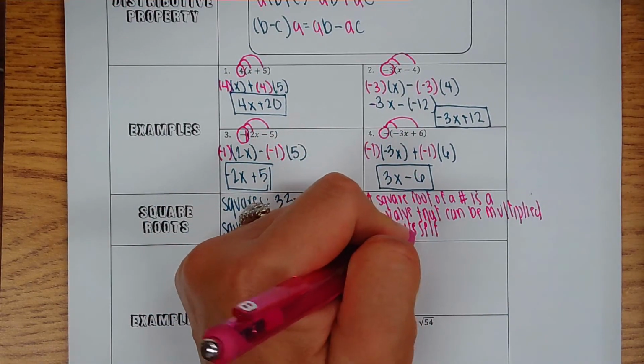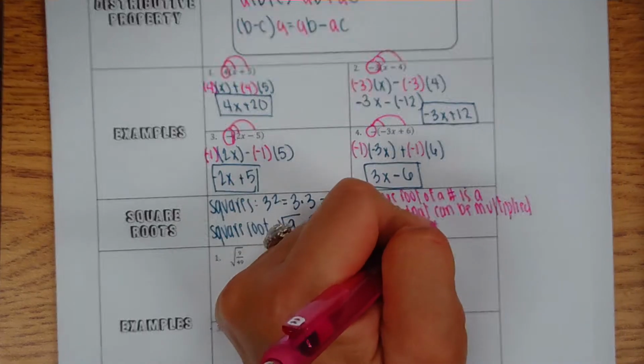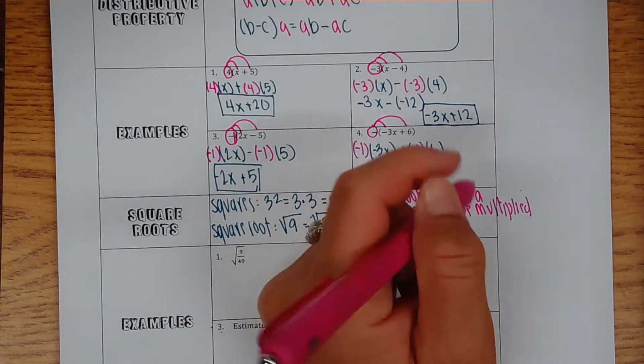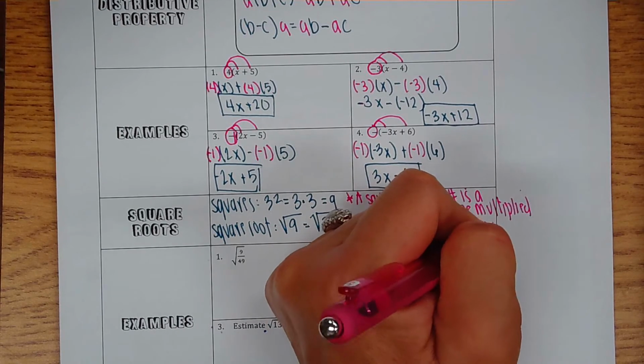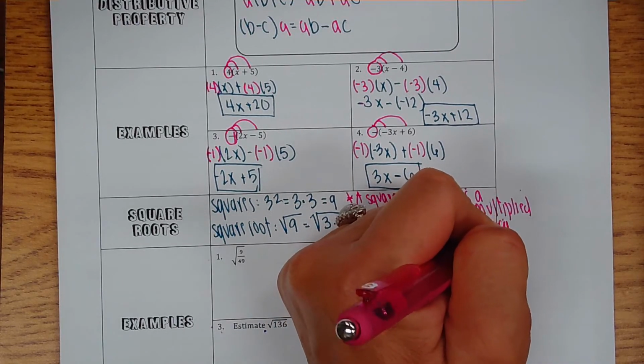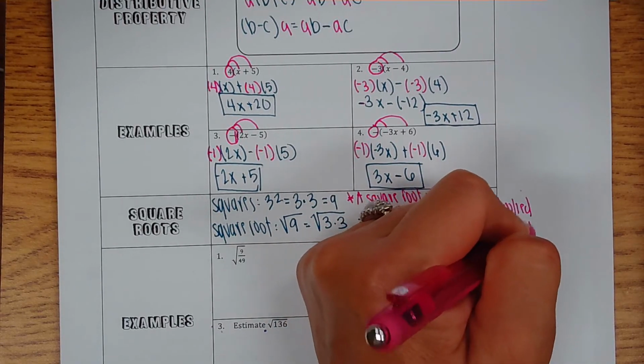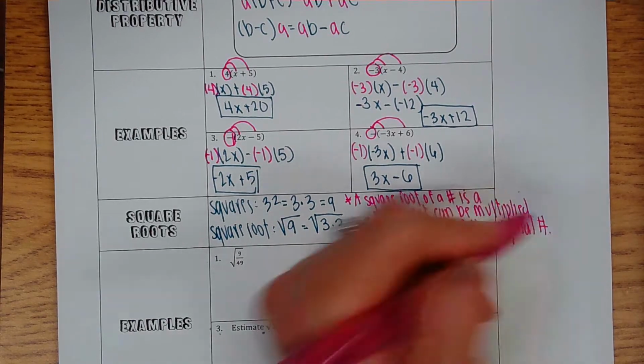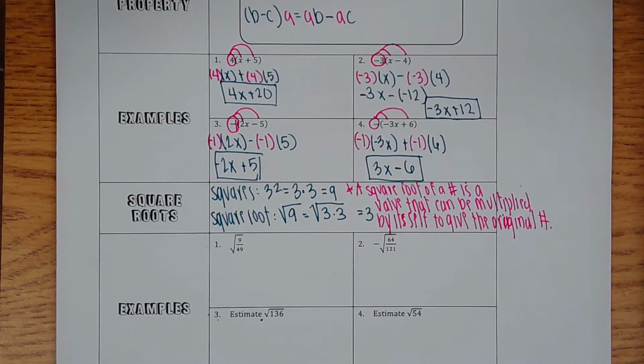Itself is one word. Right? A value that can be multiplied by itself to give the original number.